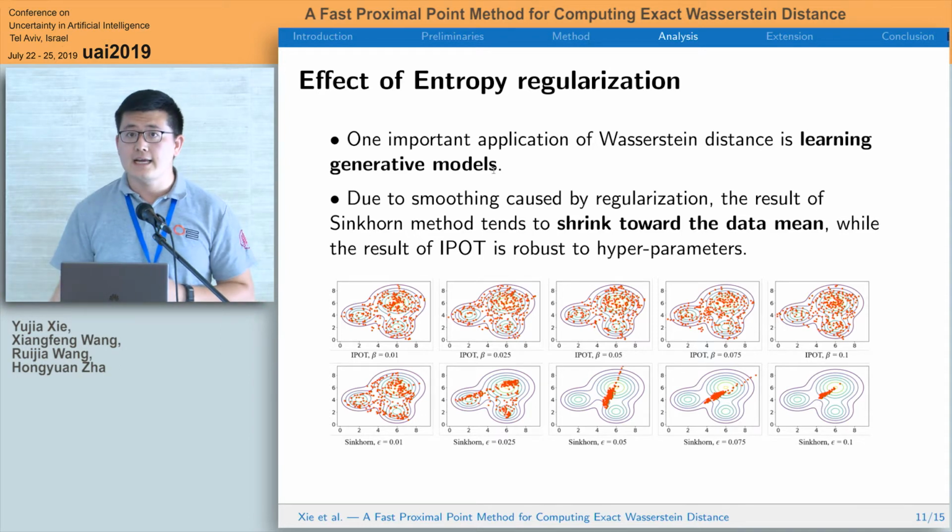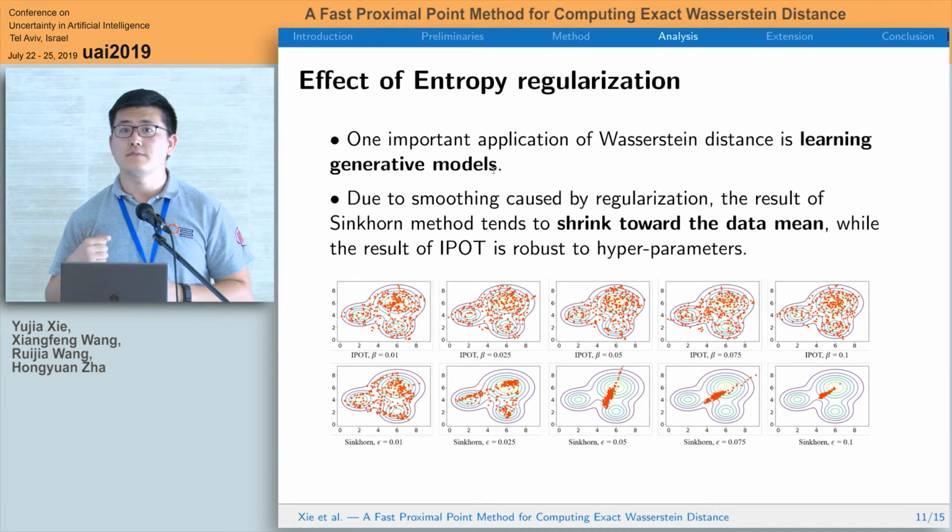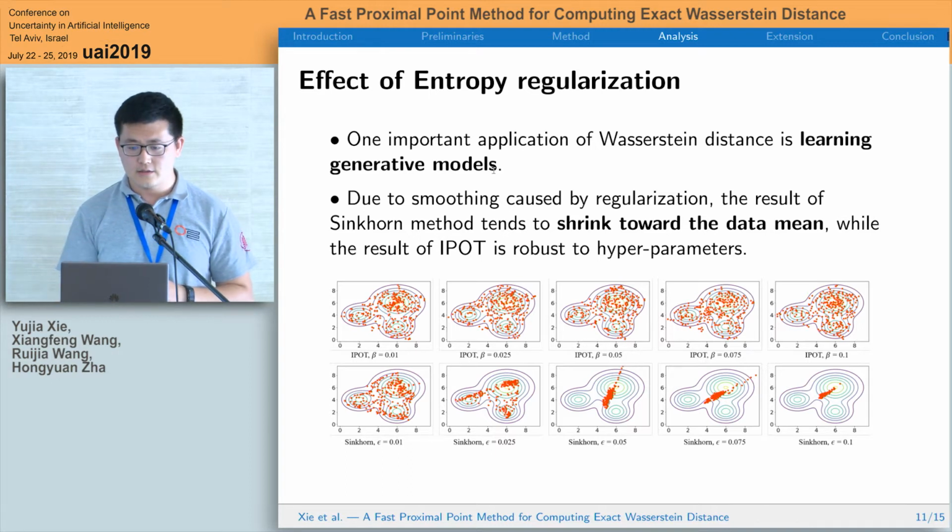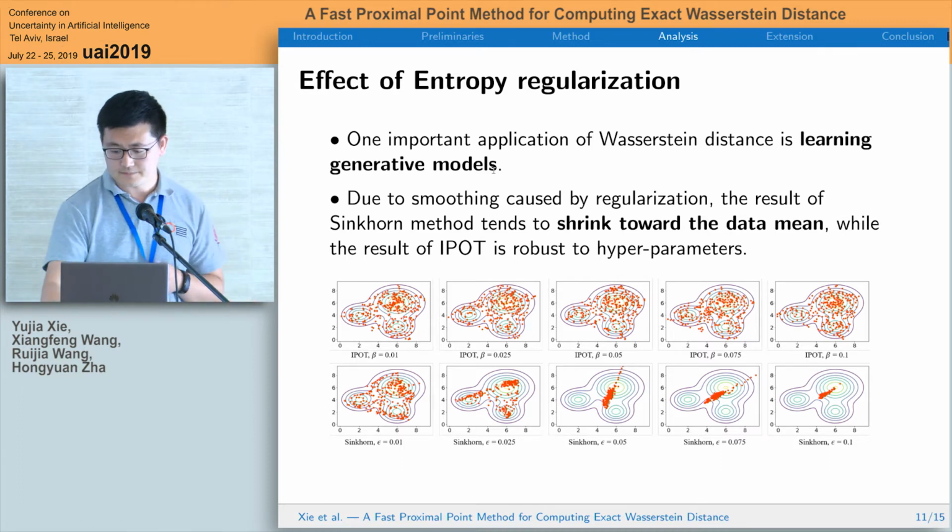The first line is the generative model learned with the exact Wasserstein distance solved by the IPOT method, and the second line is the generative model learned through the Sinkhorn algorithm, which is not the exact Wasserstein distance. It's obvious that due to the smoothing caused by the regularization, the result of the Sinkhorn method tends to shrink towards the data mean, while the result of IPOT is robust to the hyperparameters.